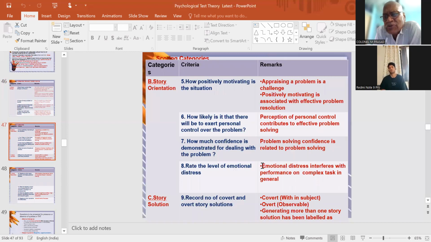The confidence that you have shown is again wishful. Okay, so that's one way of looking at this story. Any doubt? No, sir. Okay. So let's come back to the next story.